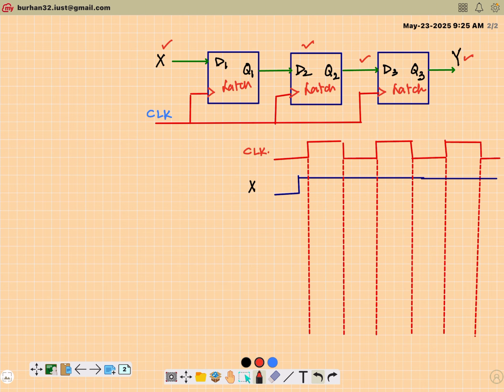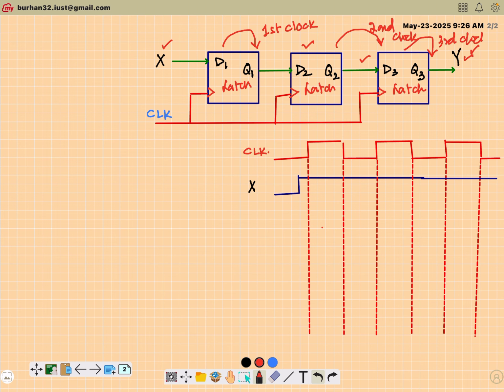Now my expected behavior is that this transition should happen at the first clock, then this transition at the second clock, and then, because it goes to this, it will take one more clock from D3 to this.